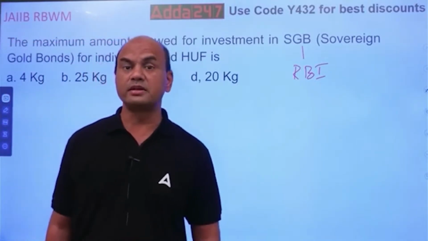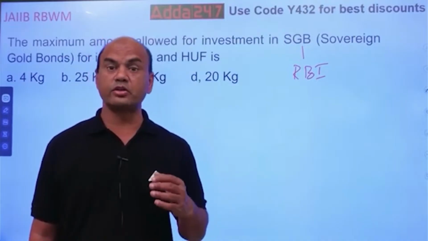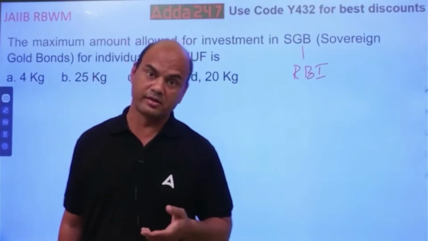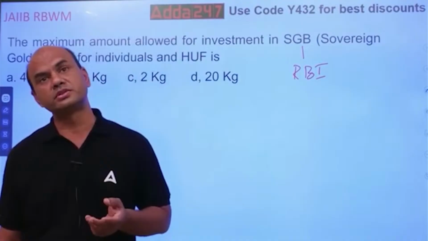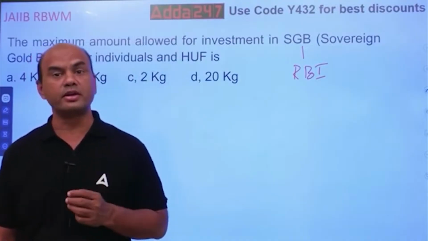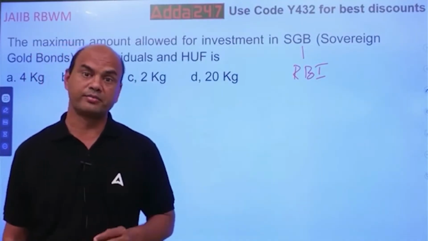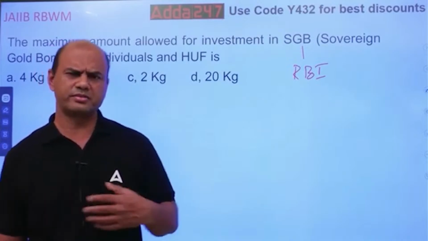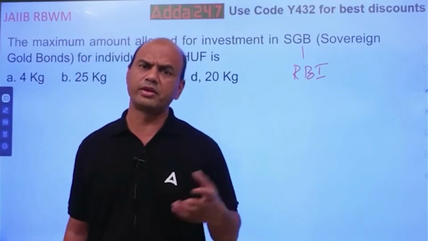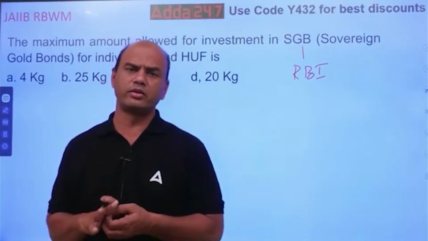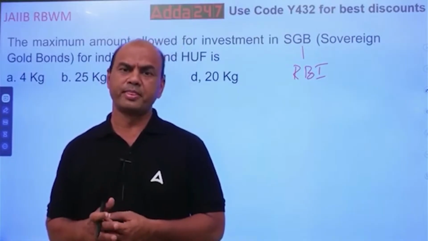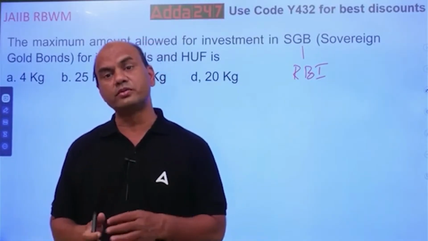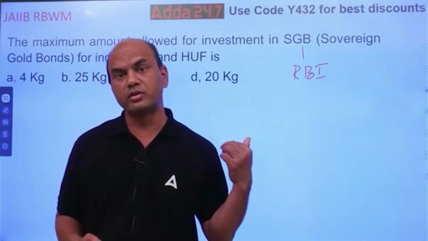The import of gold puts a huge pressure on the government. Gold is almost the third largest commodity imported in our country. We have a huge liking for gold. So the government wants you to invest in paper gold.